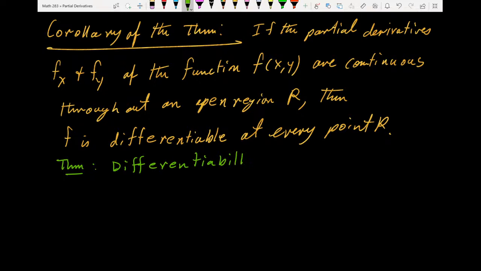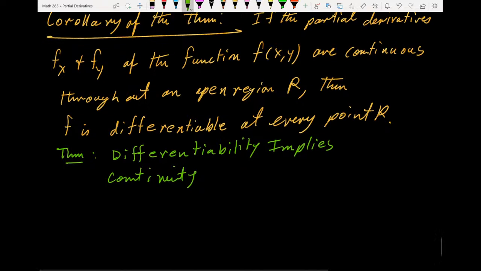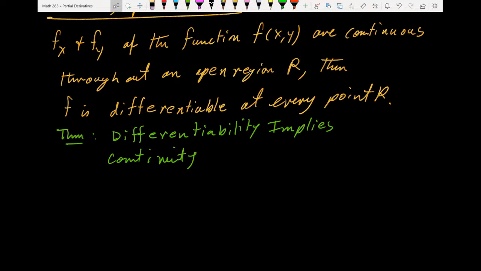Differentiability implies continuity. It's kind of like in calculus one, remember? If the function is differentiable, that means it's continuous, it has a smooth curve.